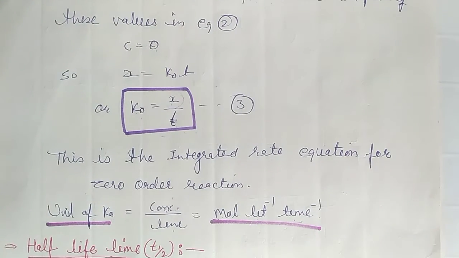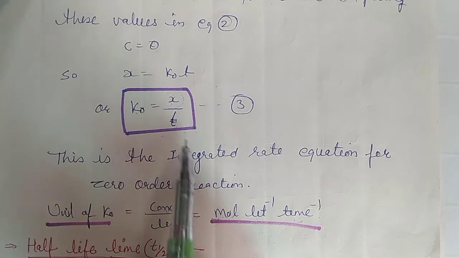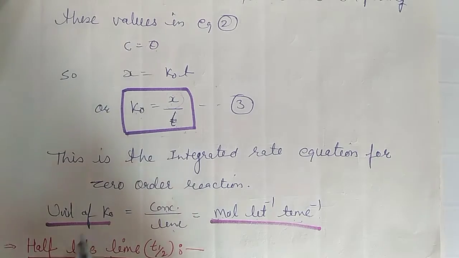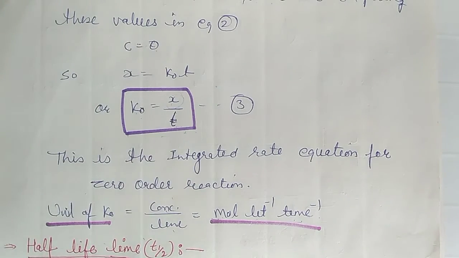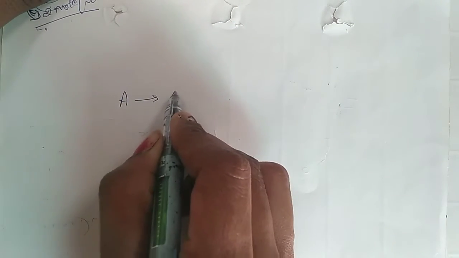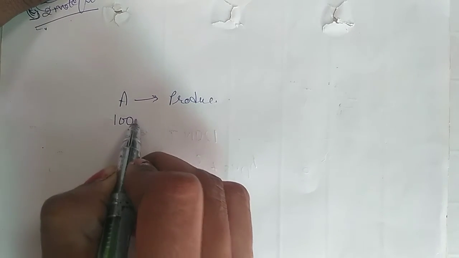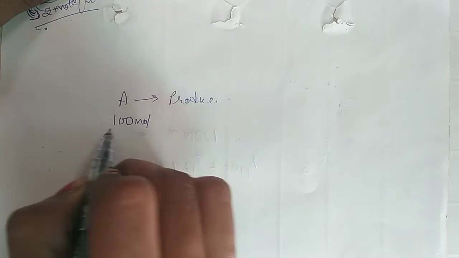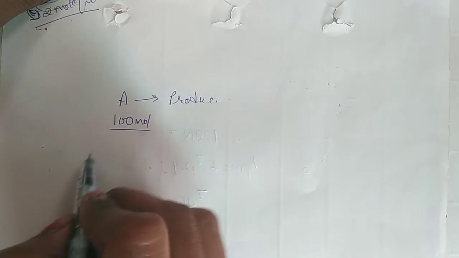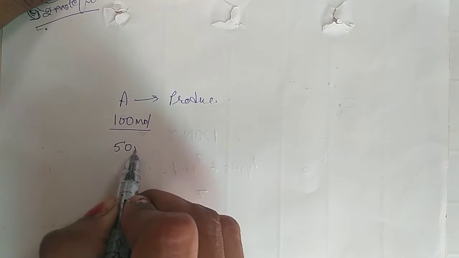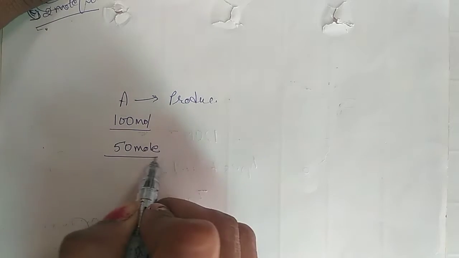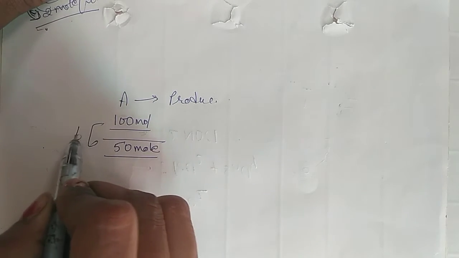Okay, now we have to calculate the half life time with the help of the integrated rate equation. What is the meaning of half life time? See, suppose the reaction is A gives product. Suppose 100 moles are taken initially and these are decomposed to half in some time.